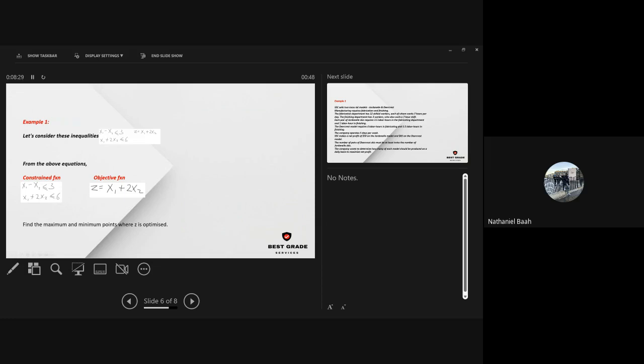Good. So now let's walk through how we are going to find these points where z is optimized. So at this point, I'm going to stop the PowerPoint presentation, then I'll walk us through a step-by-step approach. Great.